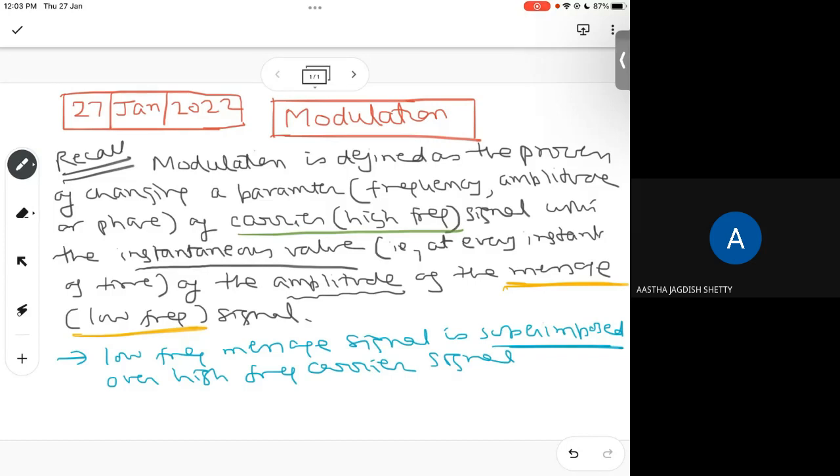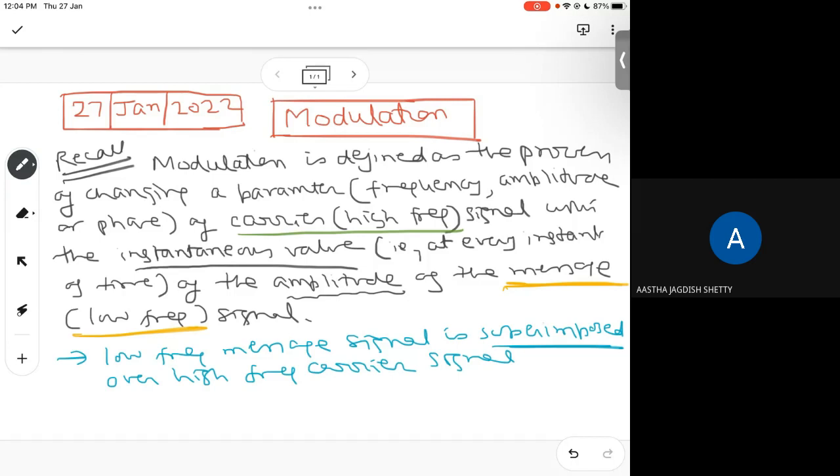So I would have to carry an antenna of the size of 1 kilometer with me, and so also at the receiver end, which is impossible. So what we do here is write this signal over a carrier signal, which is a high frequency signal.